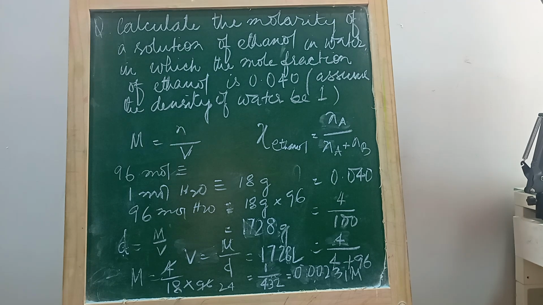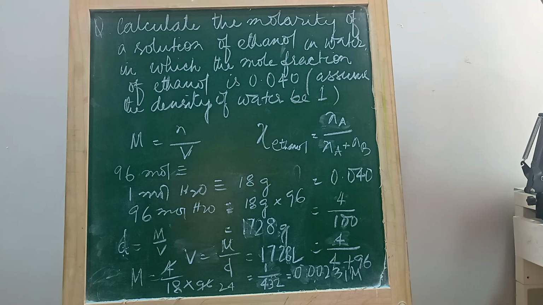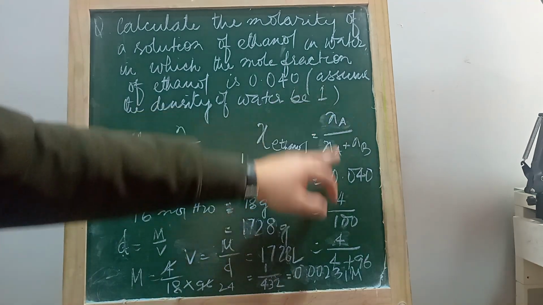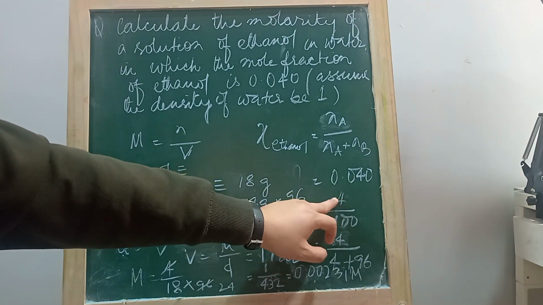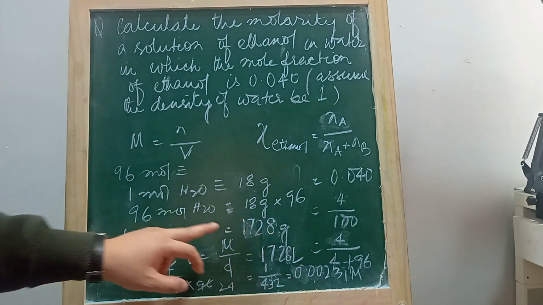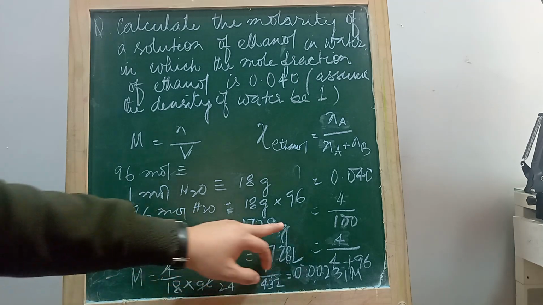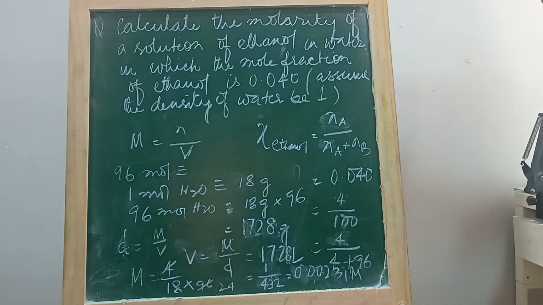So now we can finally calculate the molarity. Molarity means the number of moles of solute in 1 liter of solution. How many moles do we have as per our assumption? From the mole fraction, we know that we have 4 moles of ethanol, so we write 4 above. And what is the volume of the solution? The volume of solution will be the volume of 1728 gram of water, and its volume is 1728 liters, because the density is assumed to be 1, as given in the question itself.